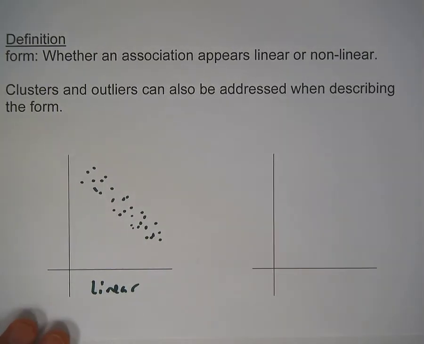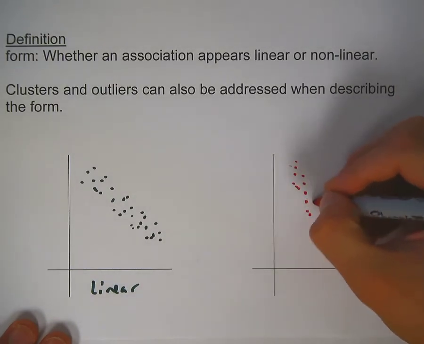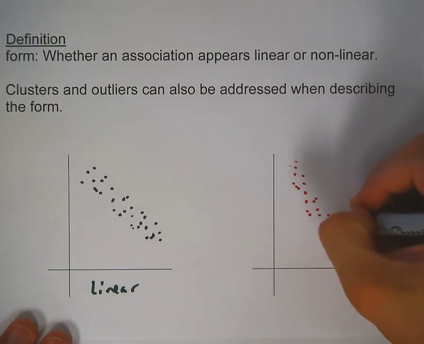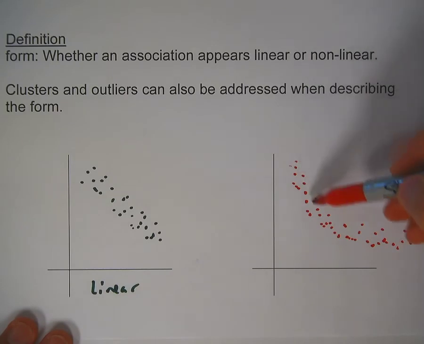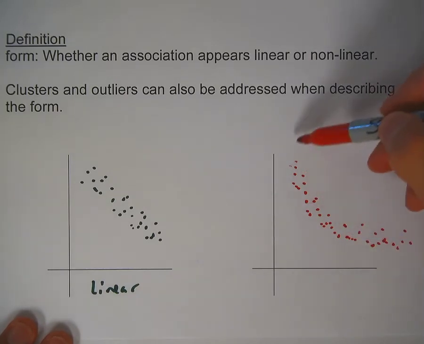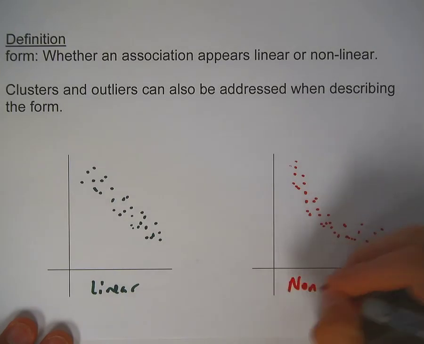If we look at something that's nonlinear, you might see it looking more like this, where there seems to be more of a curve. A curve would be a better fit for this data set, so I would say this one is nonlinear.